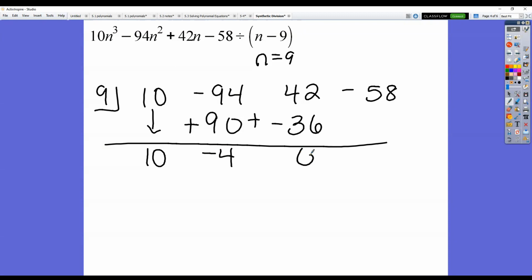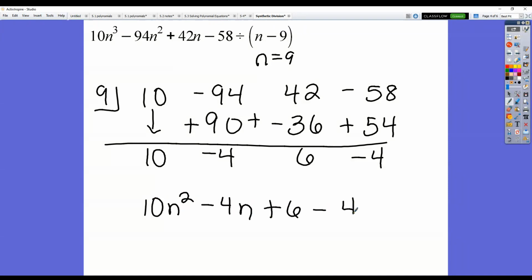That would be 6. 9 times 6 is 54. And that would be a negative 4 as a remainder. So this is going to be 10n squared minus 4n plus 6 minus 4 over n minus 9.